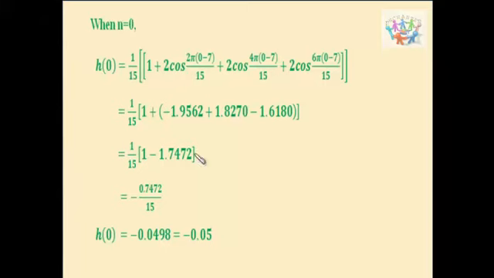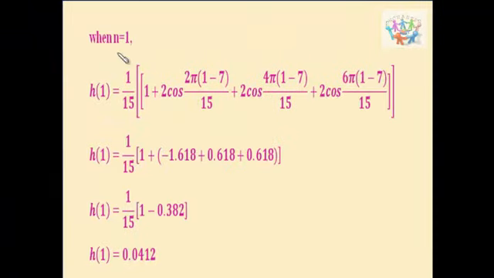Now in order to find the coefficients, we have to substitute n is equal to 0 to 14 in the h of n equation. Now first let's apply n is equal to 0. So h of 0 will be minus 0.05.